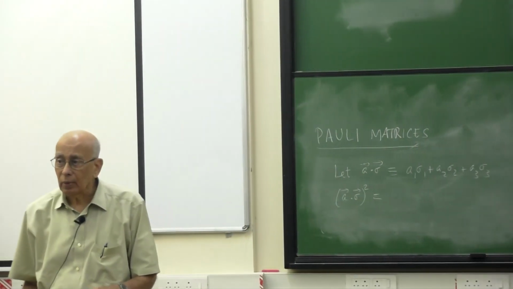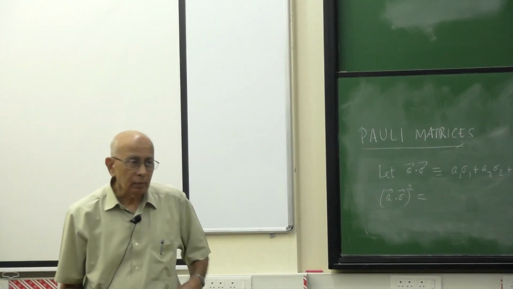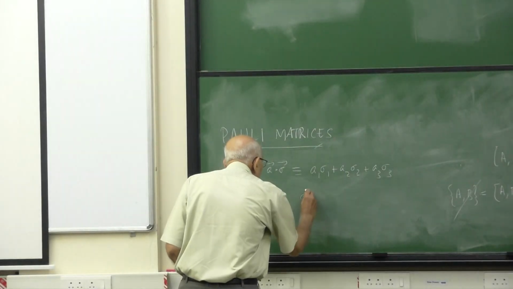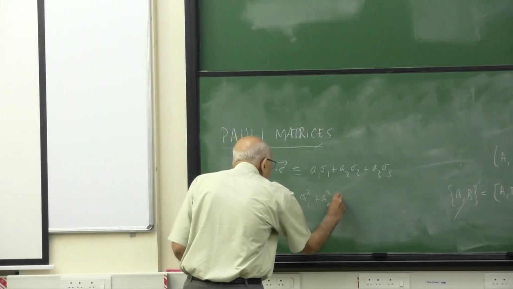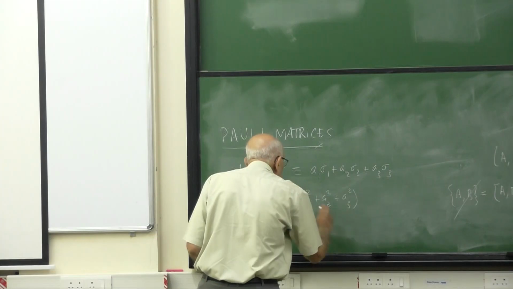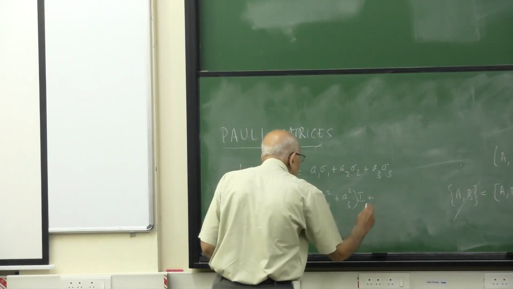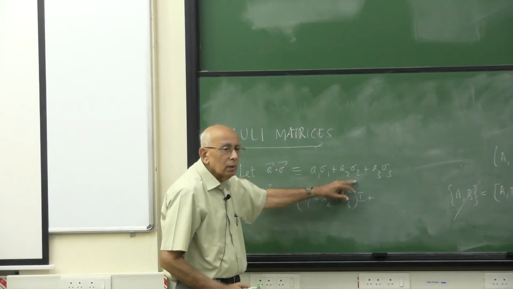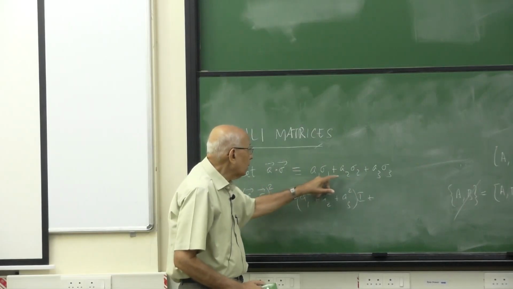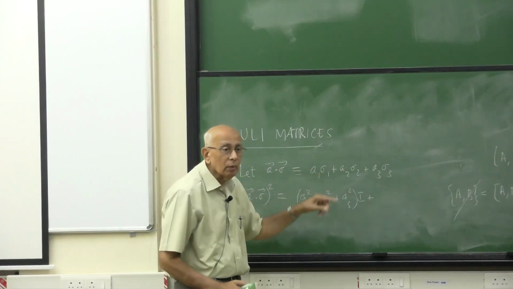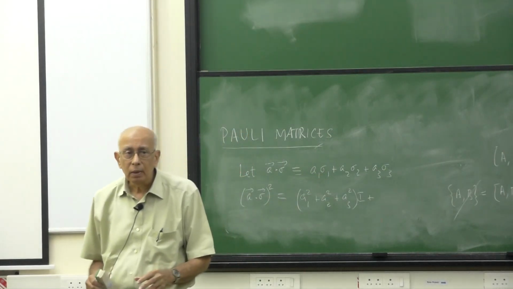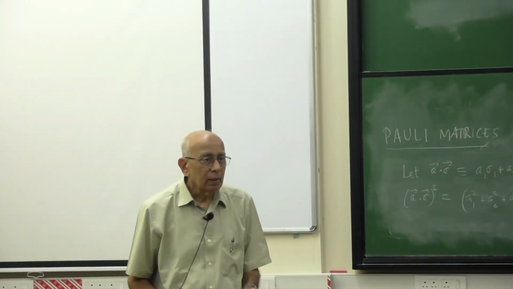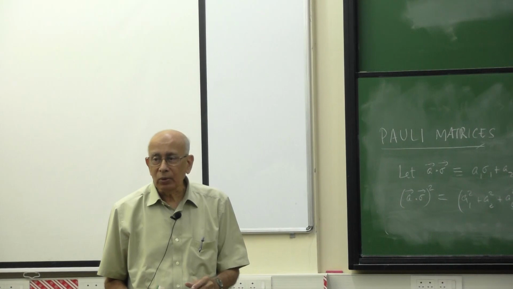Square of A1, sigma 1 times I. So there is A1 squared I plus A2 squared I plus A3 squared I, plus there is A1 A2 sigma 1 sigma 2. But there is also A1 A2 sigma 2 sigma 1. You have to be very careful. You have to take it in both orders. But sigma 1 sigma 2 plus sigma 2 sigma 1 is 0.